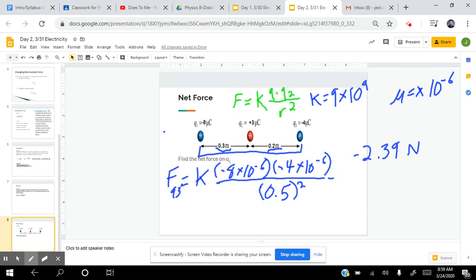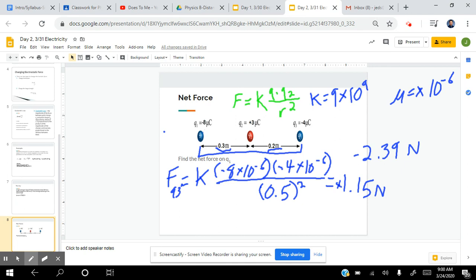Take a second to pause the video if you want to solve for that. And you should end up getting a positive 1.15 newtons. Okay, and since this is a positive value, that tells us that is a repulsive force.